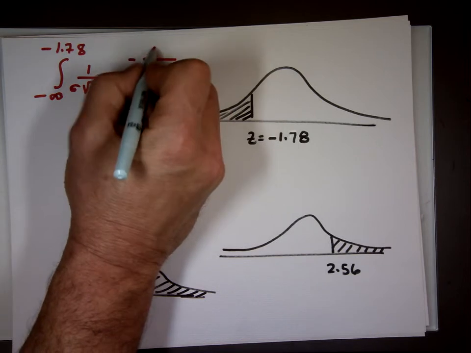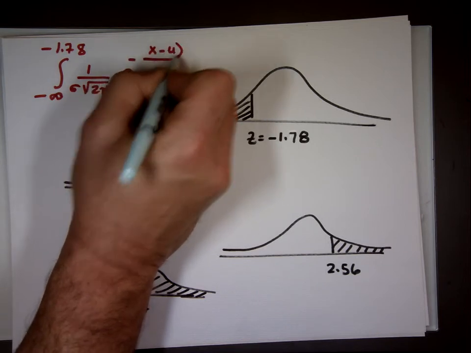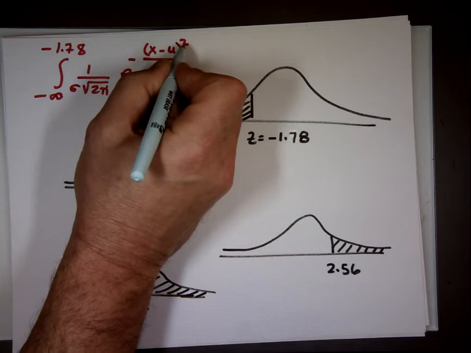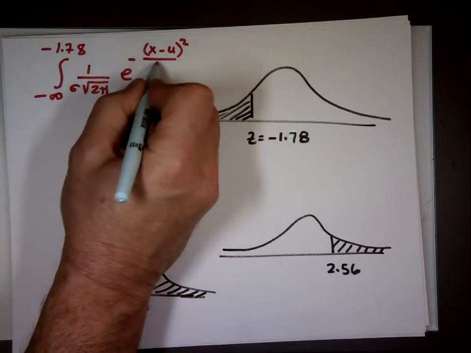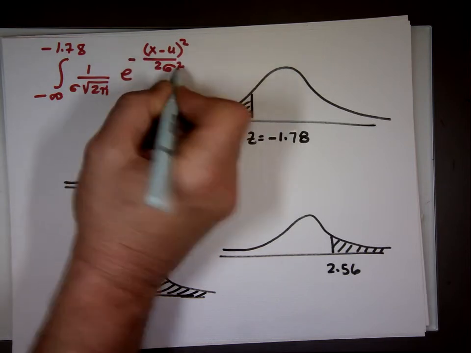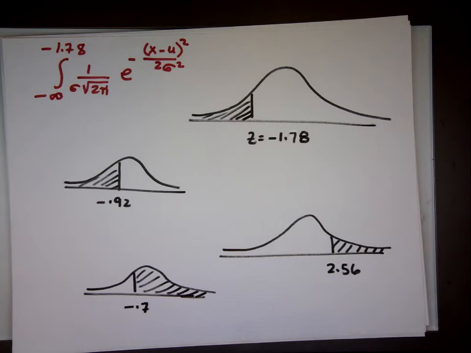X minus mu squared divided by 2 sigma squared. Sigma is what? 1, mu is 0.